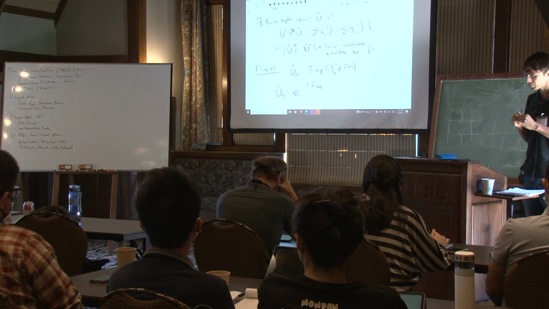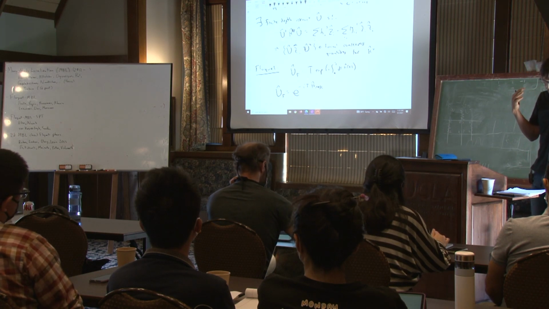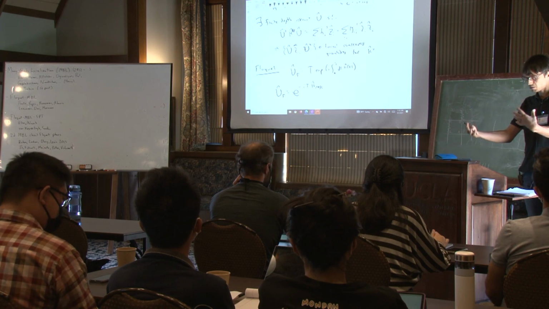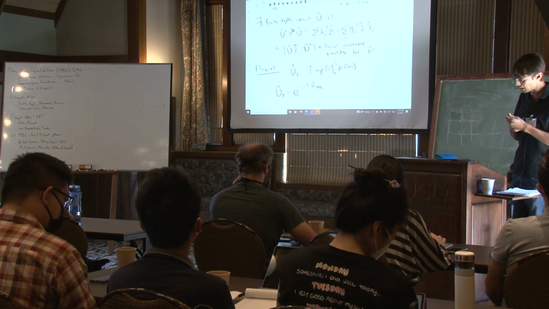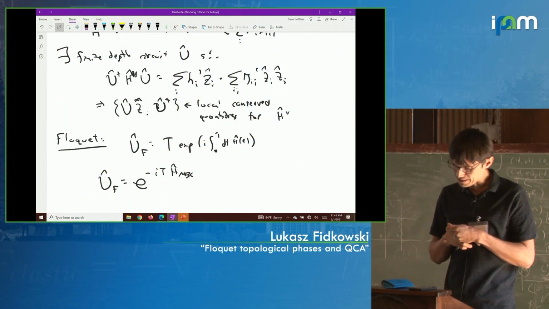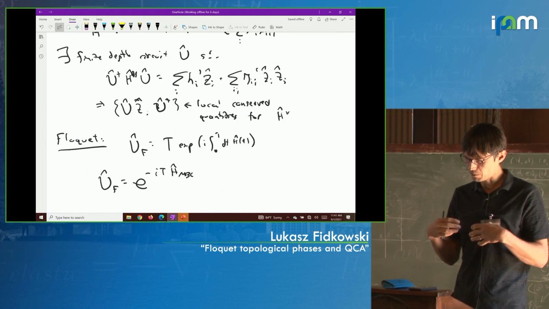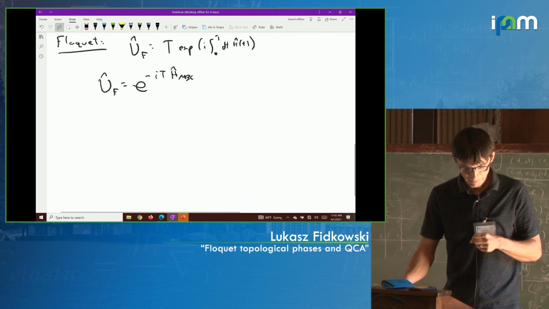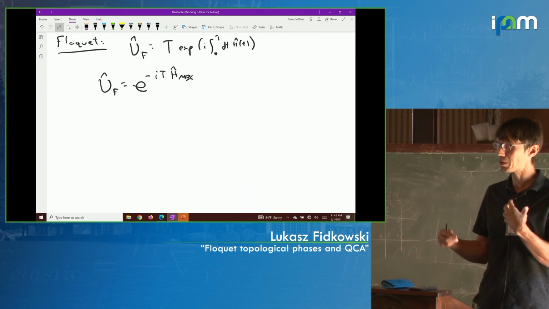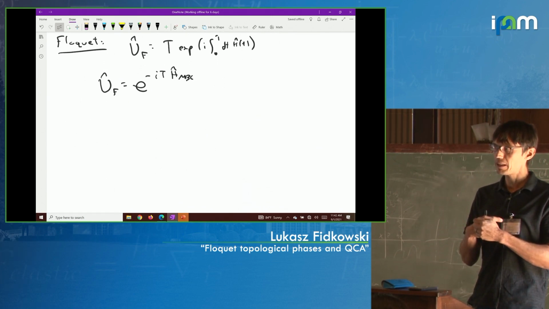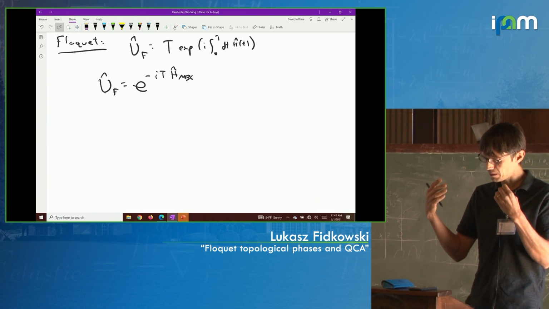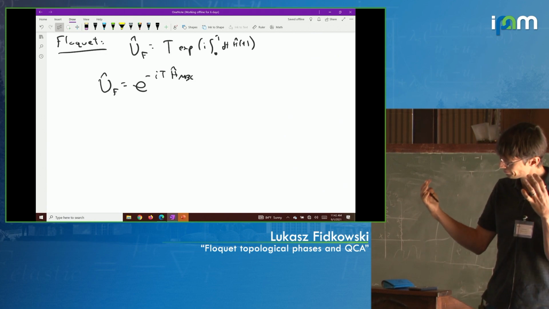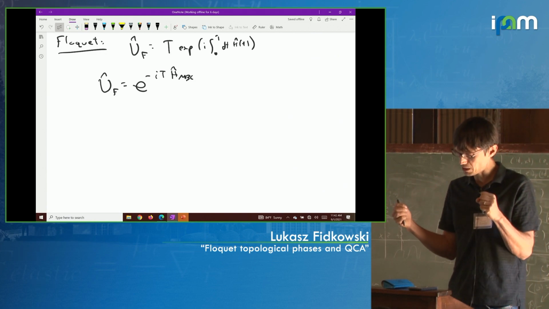Okay. So let me step back and tell you how this relates to this problem that I set out initially of realizing topological order in maybe a more general context. So the idea is really that this MBL property is a property that protects quantum information, protects topological order.